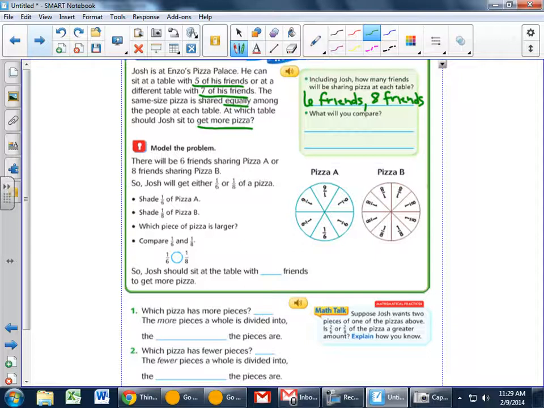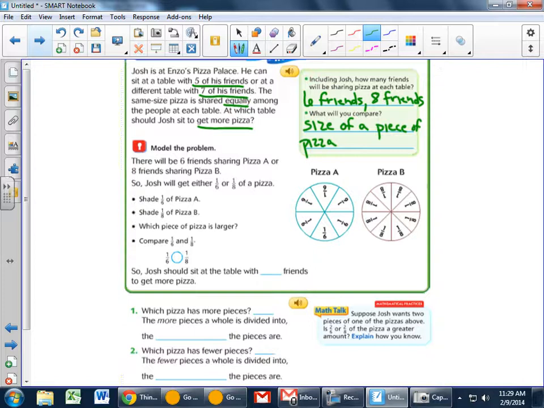The same size pizza is shared equally among people at each table. So we want to know the size of a piece of pizza at each table. So we're going to model it. They drew us pizza A and they drew us pizza B. If you were going to be doing this on your own, you would need to do the drawing to be able to understand it.